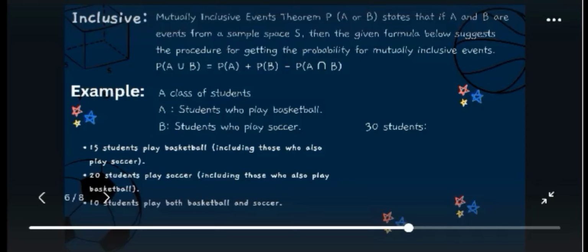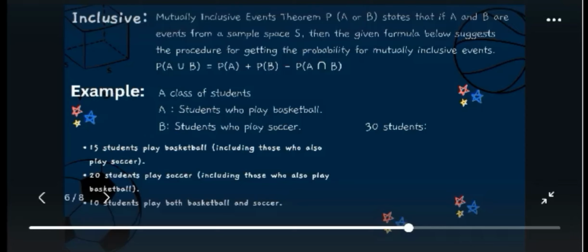Probability A union B equals probability A plus probability B minus probability A intersect B. So this is an example.